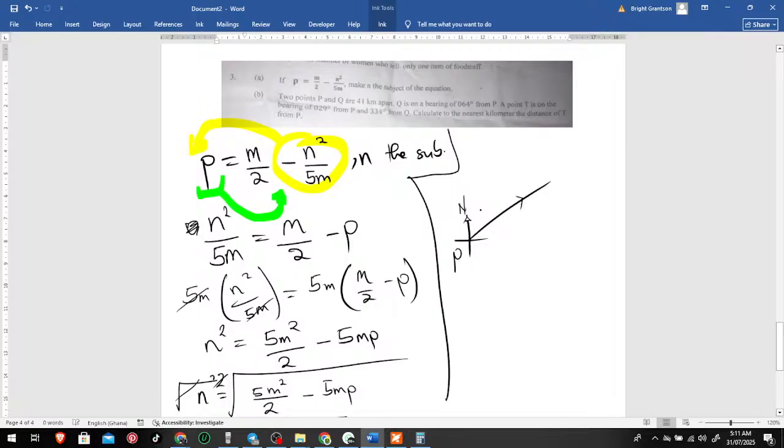So from here to here, from the north, 64 degrees. So Q is on a bearing of 64 degrees. The distance between P and Q is what? Now this is Q, 41 kilometers.